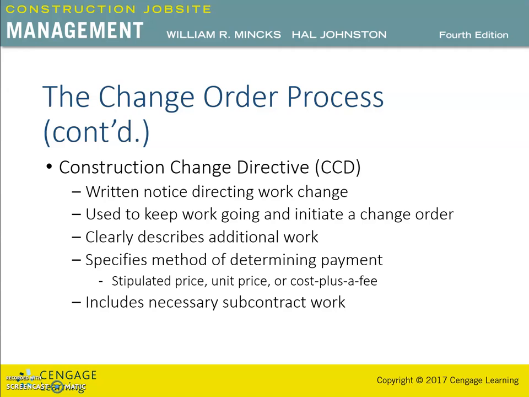So when the method of measuring the cost and the fee are stipulated, each of these price alternatives relates to the extent of the work known at the time of writing the construction change directive.